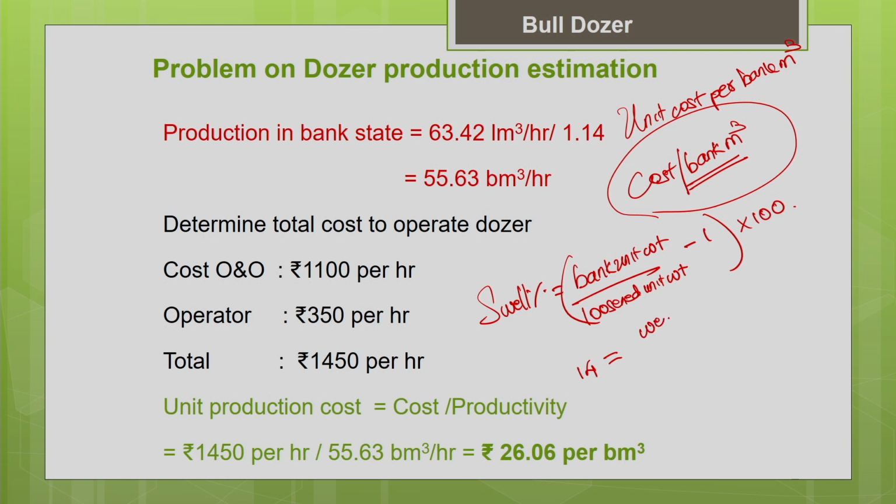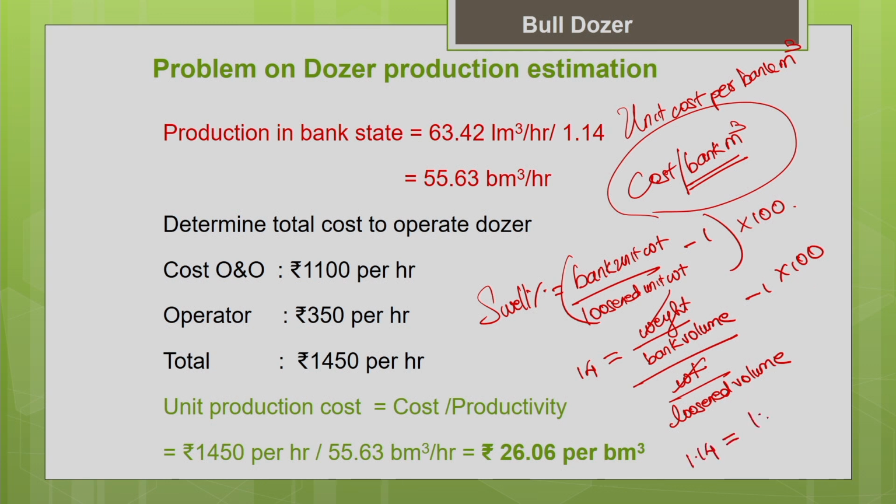So it is nothing but weight by volume, weight by bank volume. Weight is going to be the same for both the cases, only the volumetric measure is different, weight by loosened volume. So weight is going to be same, you can cancel it, minus 1, into 100. So if you move this to the left hand side, 14 divided by 100 plus 1, that is nothing but 1.14 equal to loose volume divided by bank volume.